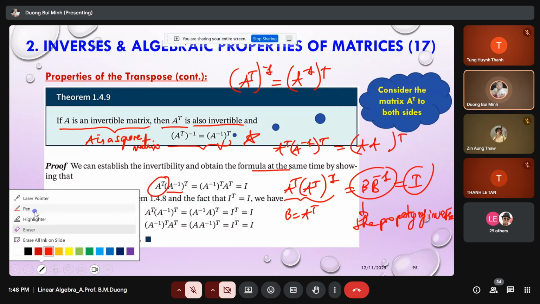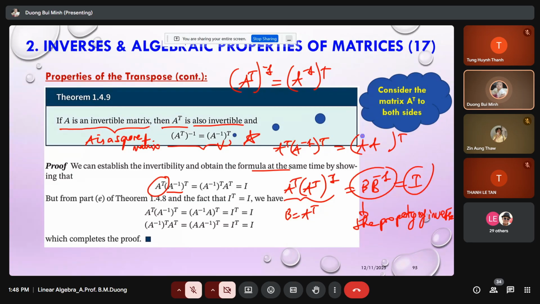We apply the property of the transpose, so this is the inverse of A times A, right? The product of the individual matrices' transposes is the transpose of the product, in reverse order. Now if we apply the property of the inverse, this becomes I. So you get the transpose of I, which is I.